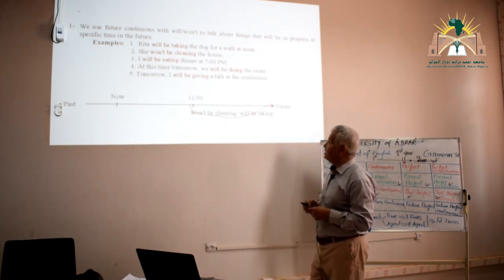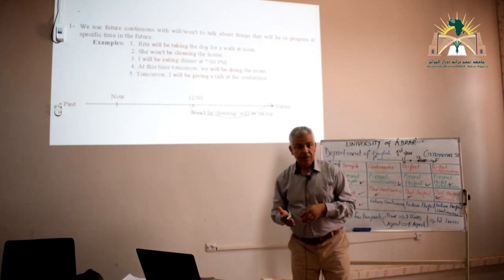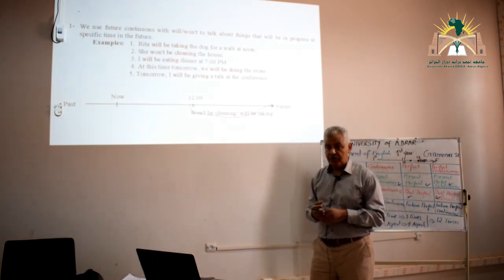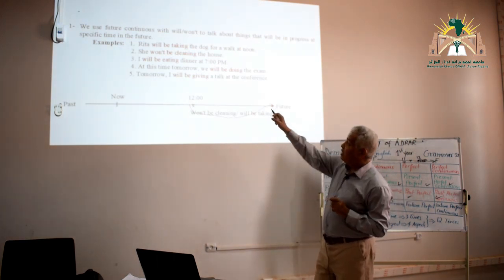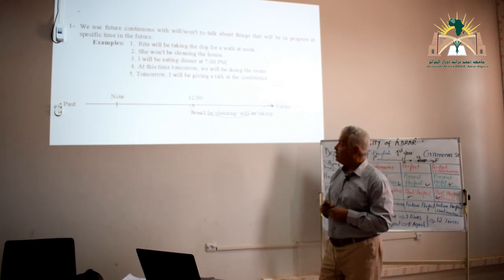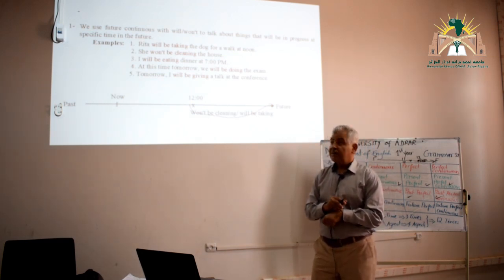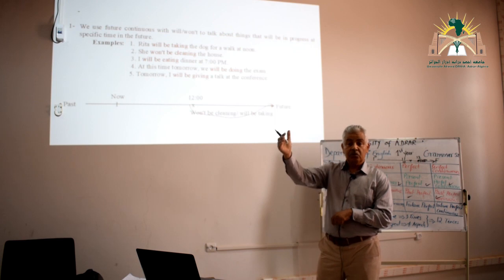She won't be cleaning. Yes, we can use the negative form if something won't be happening at a specific point in time in the future, in progress. She won't be cleaning the house. The third example, I will be eating dinner at 7. Now it is 10. 7 p.m. is sometime in the future.